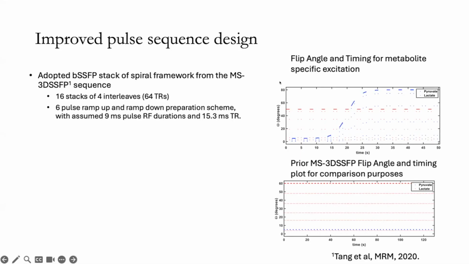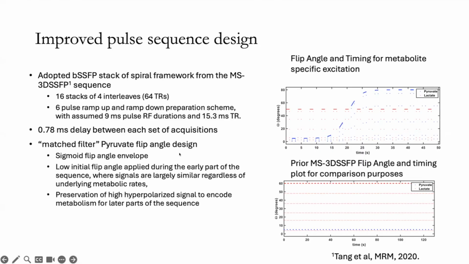And this was a nice starting point. But from there, we adopted a complete SSFP-based approach for sampling both pyruvate and lactate metabolites using a variable flip angle approach, using interleaved blocked acquisitions, separately sampling using selective RF excitation, both pyruvate and lactate.